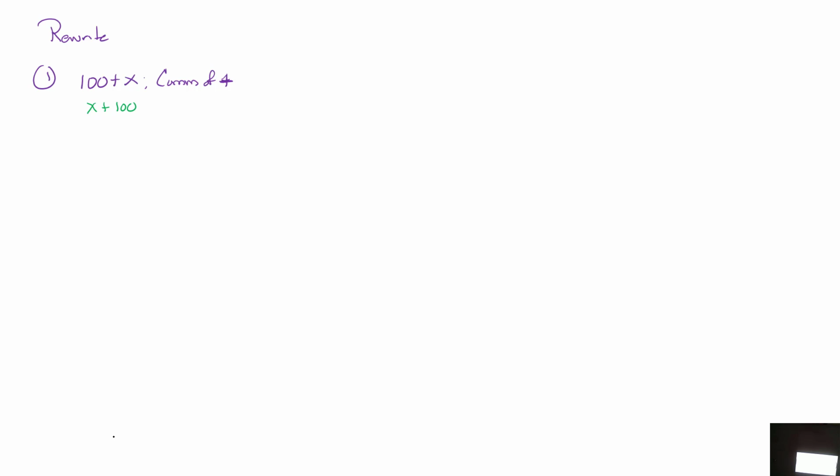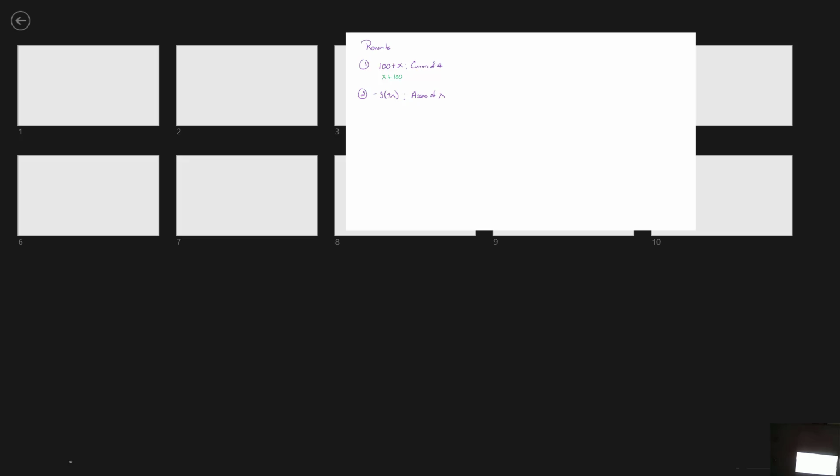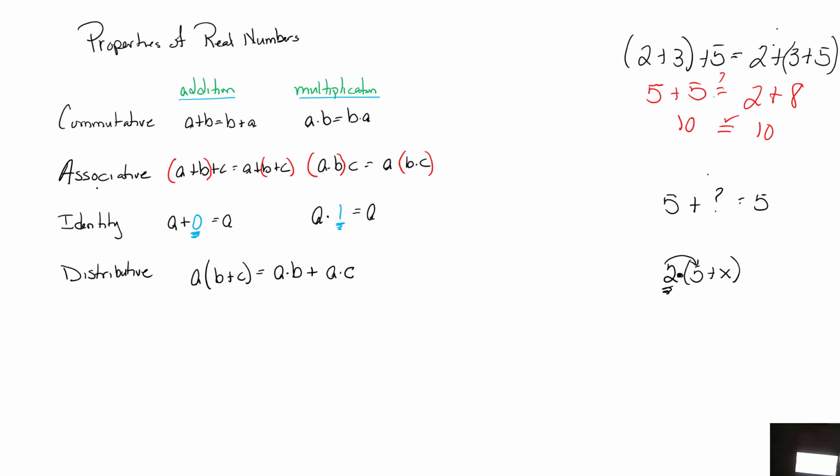If I give you this particular problem and ask you to rewrite it using the associative property of multiplication, the associative property of multiplication says the order on the left and the right are exactly the same.